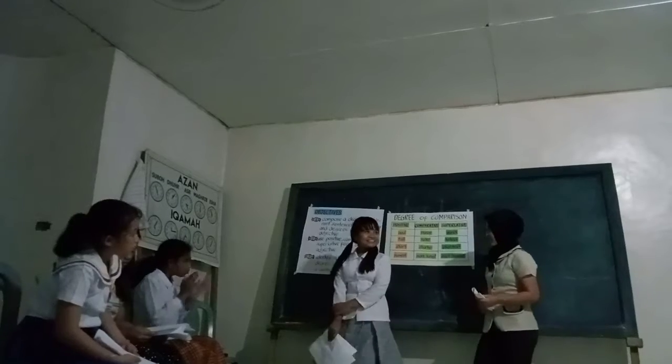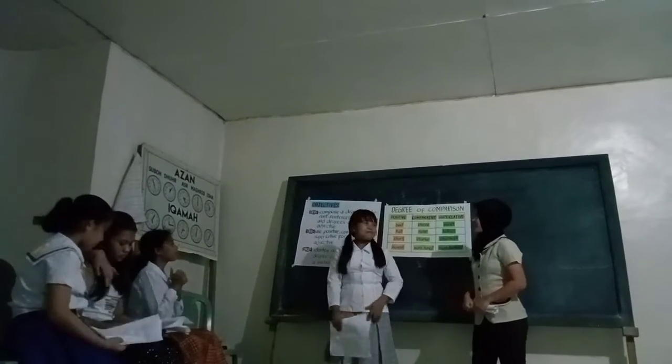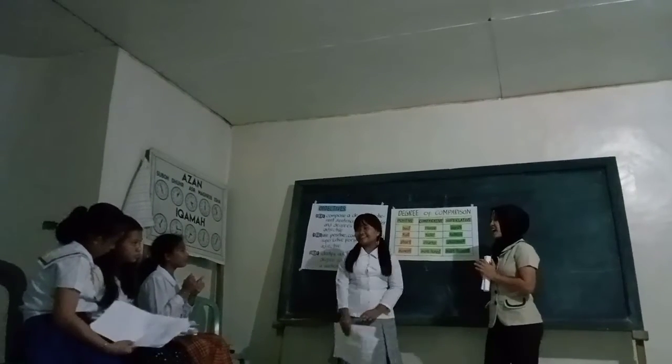The flower is beautiful. Okay, so what is the adjective in that sentence? Beautiful. Okay, so what is the degree of the word beautiful? Positive degree. Okay, very good. Let's give Sadria a clap. Okay, you may now take your seats.